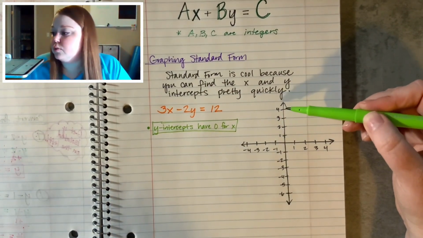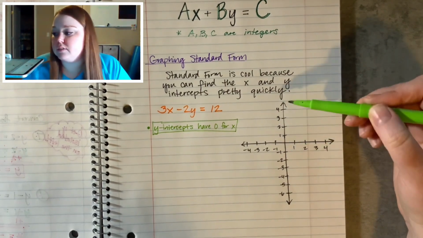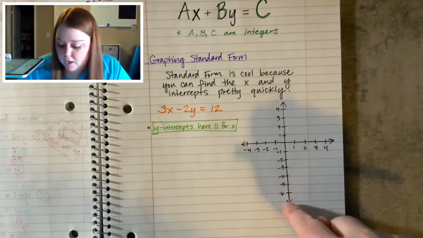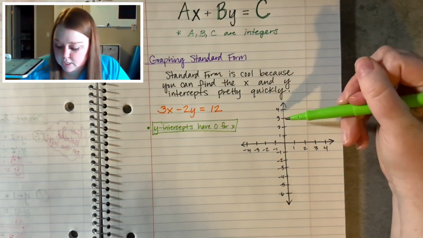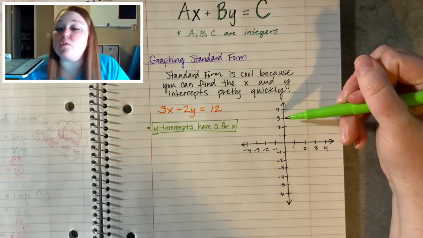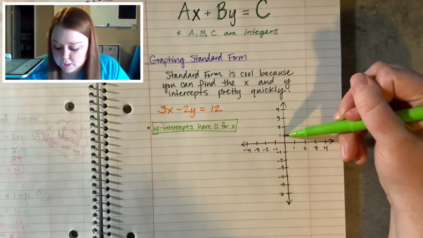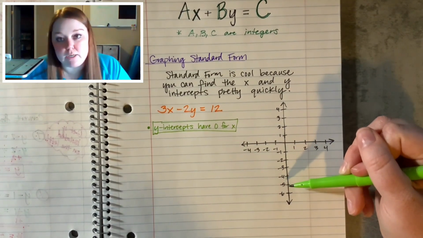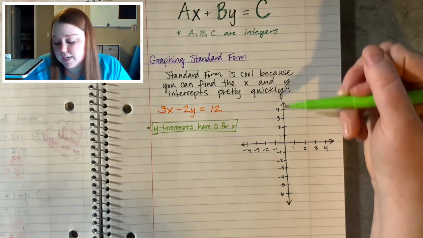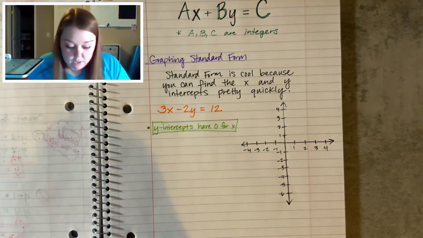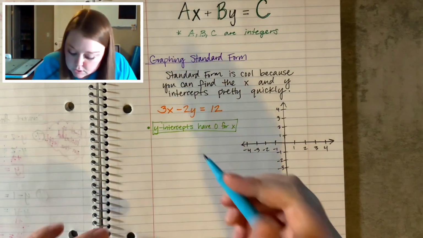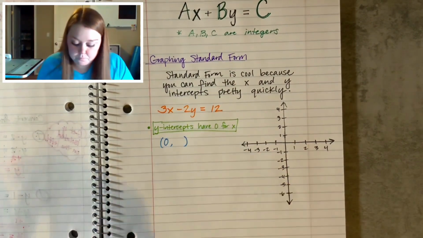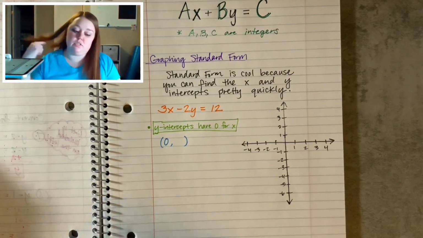If you were to plot a point anywhere on the y-axis, like here, your ordered pair would be (0, 3). If it was here, it'd be (0, 1). If it was down here, it'd be (0, -5). So all of those have an x value of 0, meaning it's going to start with 0, something.